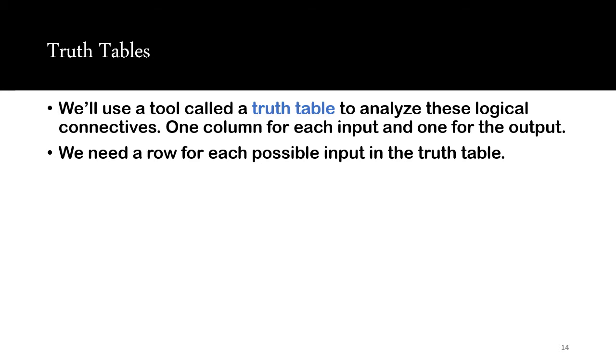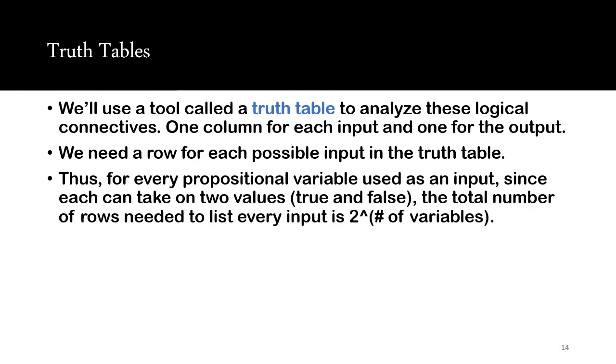So, how many rows do we need? For every propositional variable used in an input, there are 2 values it could be. So, 2 times 2 times 2, etc. The total number of rows needed to list every input is 2 to the number of variables.